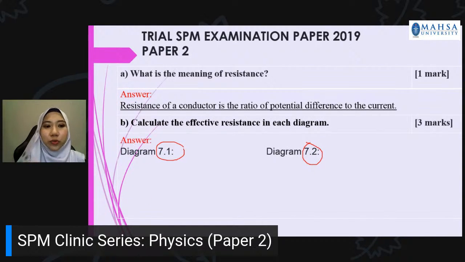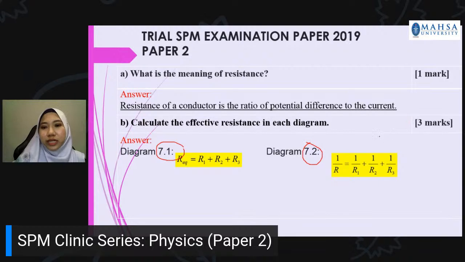So you need to come up with the correct formula so that your final answer is correct. The general equation for the series connection is R equals R1 plus R2 plus R3. For diagram 7.2, the general equation for the parallel connection is 1 over R equals 1 over R1 plus 1 over R2 plus 1 over R3.